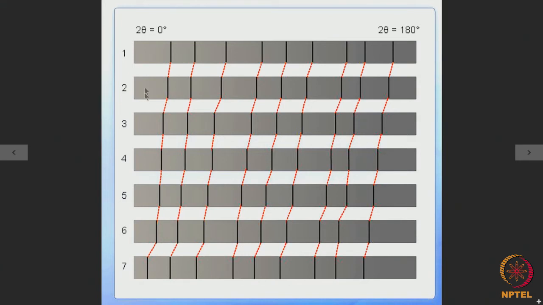Say this particular pattern is for component A, this particular pattern is for component B, and we find that although the crystal structures are not different, the line positions differ. These lines are present much towards the lower values of theta, and here the lines are shifted towards the higher values of theta.